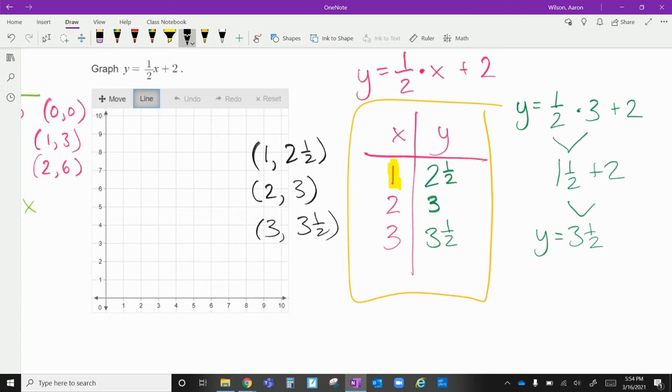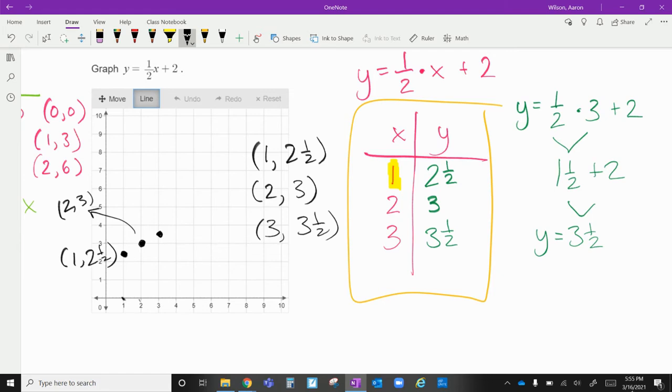So here we go. 1 over, 2.5 up. Right there is 1, 2.5. Now let's do 2, 3. 2 over, 1, 2, and then 3 up. 1, 2, 3. There is 2, 3. That one right there represents 2, 3. And the last one is 3, 3.5. So 3 over to the right and 3.5 up.